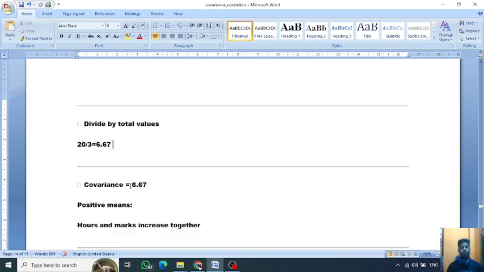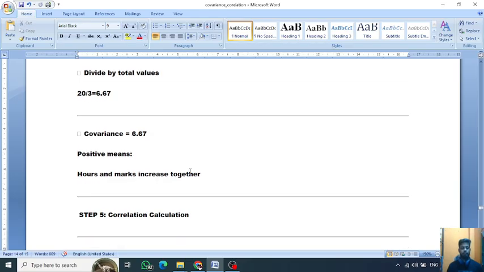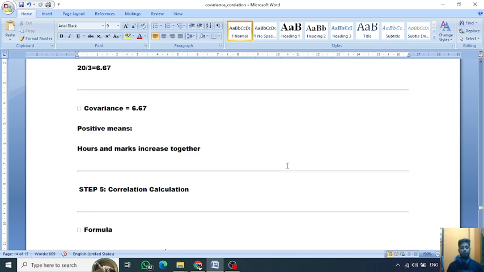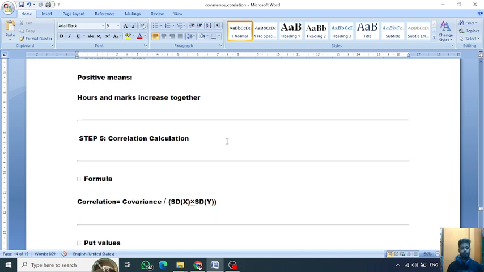So this is the covariance. Positive means hours and marks increase together. Covariance positive means they increase together.